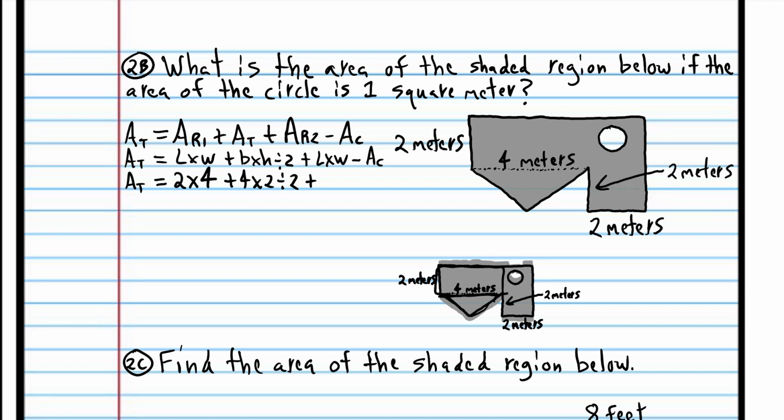So again, instead of just giving up, you've got to look at the information. We don't have this length directly labeled, but we do have this length, which is the same length as that part, and then we have this length, which completes this side. So all you do is just add up those numbers.